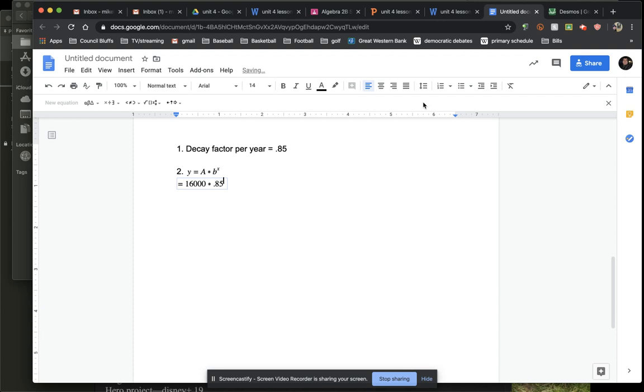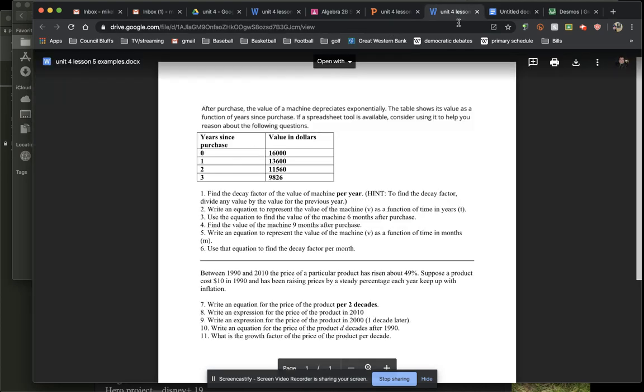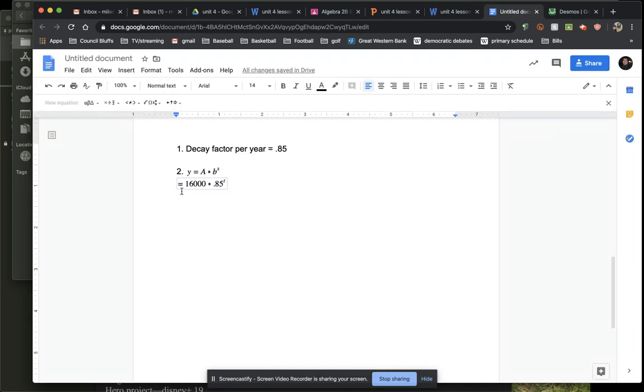And I'm going to use the variable t here because they said to use as a function of time in years t. So this right here is the equation that they're looking for. That is the answer to number two. The important thing to realize, as I've talked about before in past lessons, is that t here is number of years.